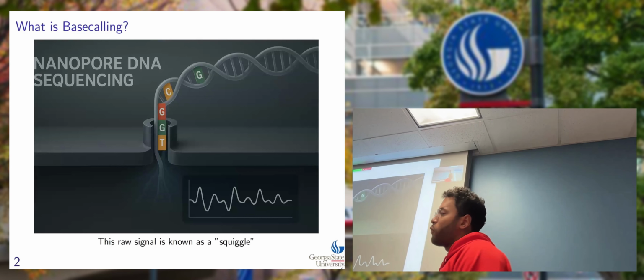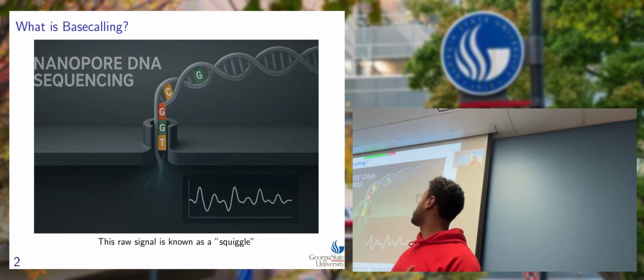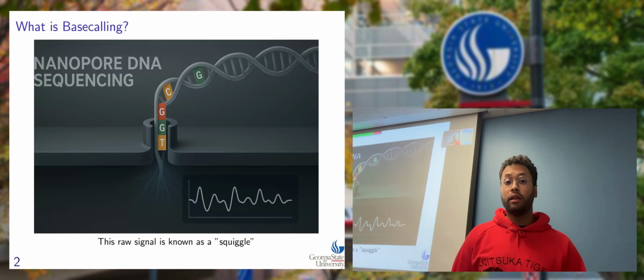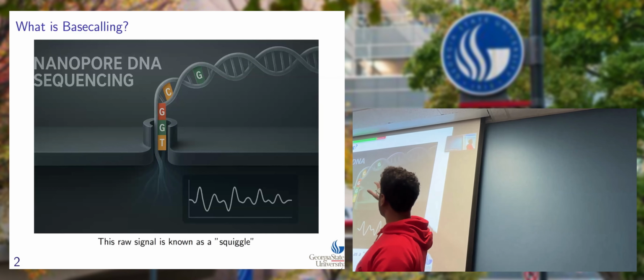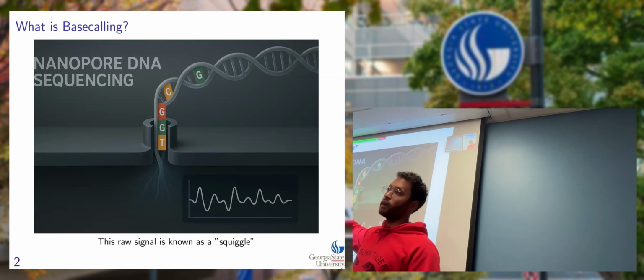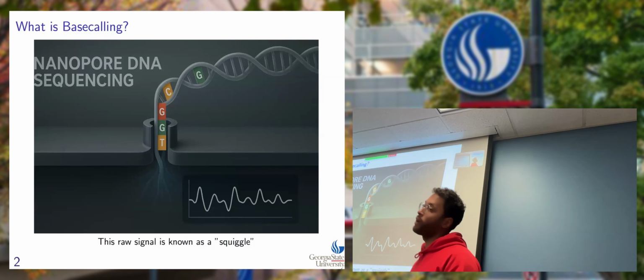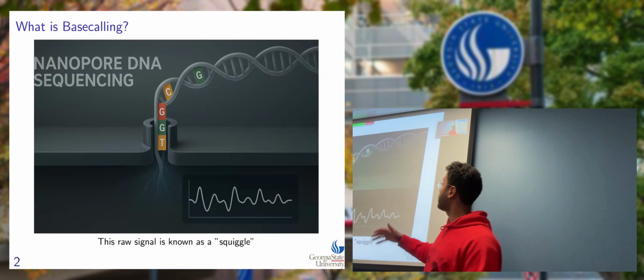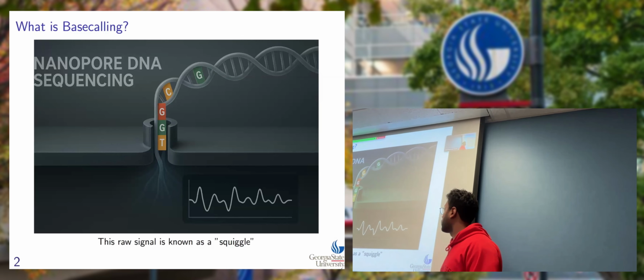Cool. Okay. So before I can talk about the how, I have to talk about the what, right? So what is nanopore DNA sequencing? I want you to imagine that this DNA strand right here is only, well, half. Imagine it's cut in half and we have a 1D read sequence. What we have here is a membrane that has a potential, right?